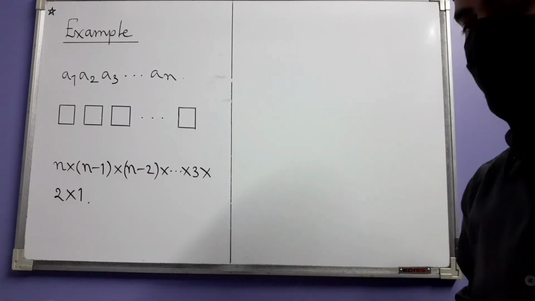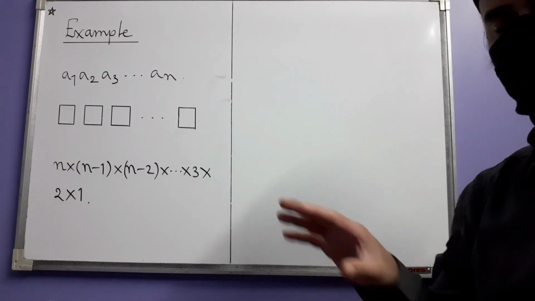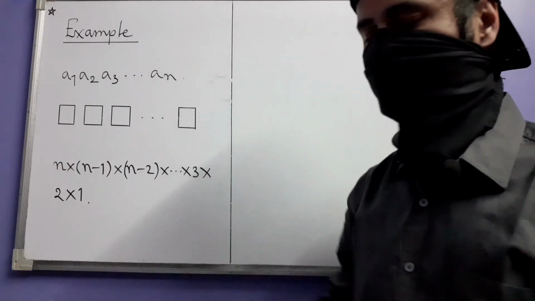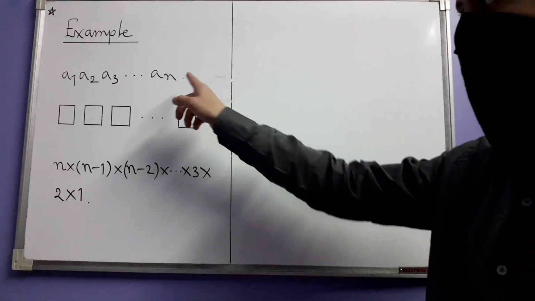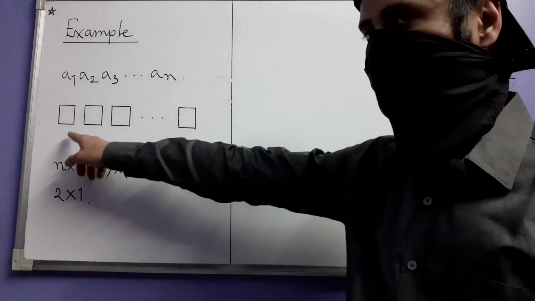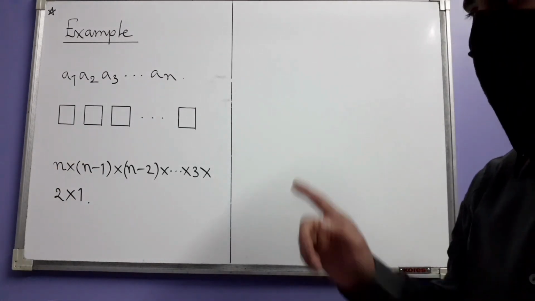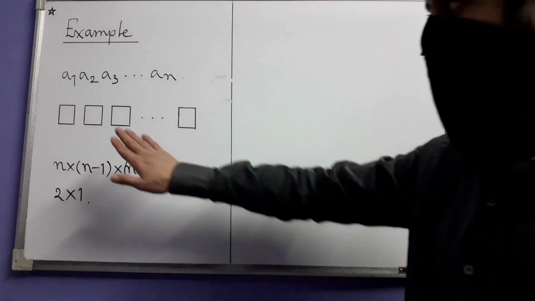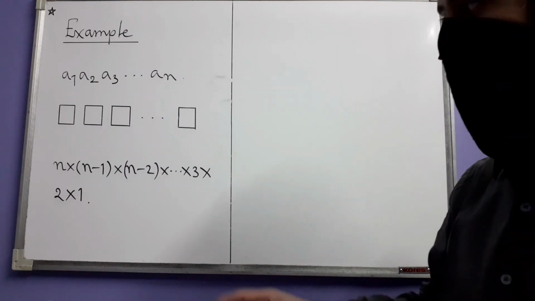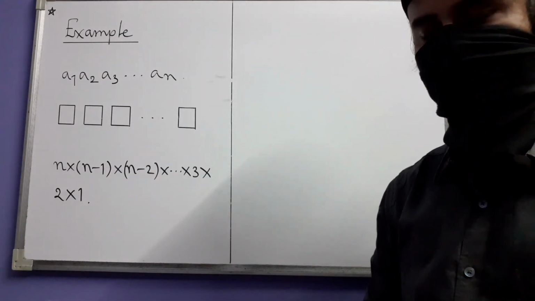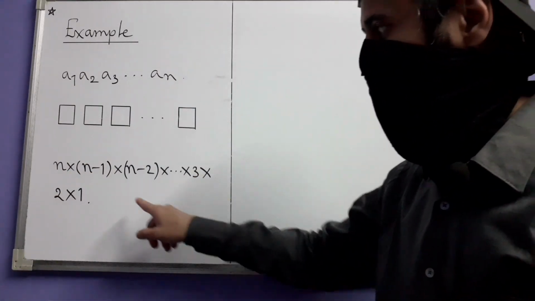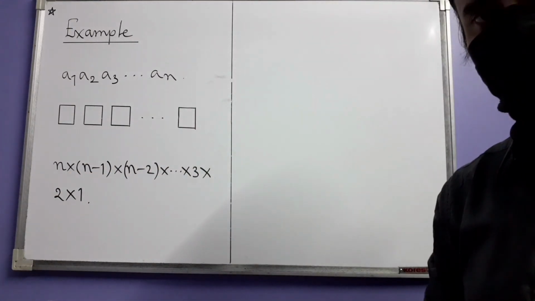Even in this general case, if you take a few moments to think, it makes sense. The first box needs to be filled in using these letters. There are n available letters, so you can fill in the first box in n ways. Corresponding to each such way, you can fill in the second box using any one of the remaining n minus 1 letters, in n minus 1 ways, because each of these n possible ways gives you n minus 1 further possibilities.